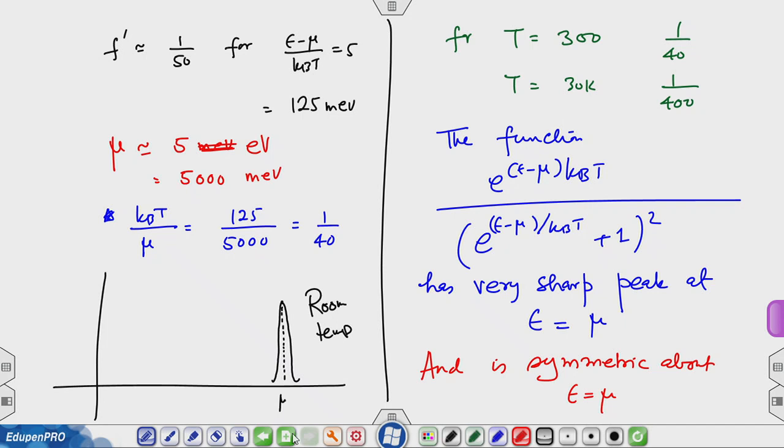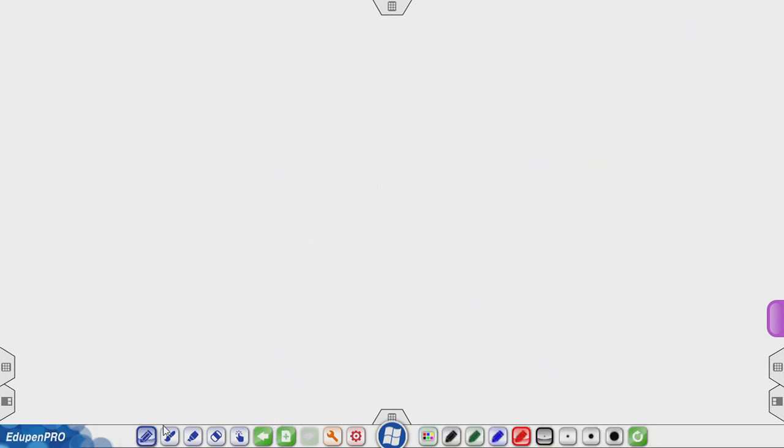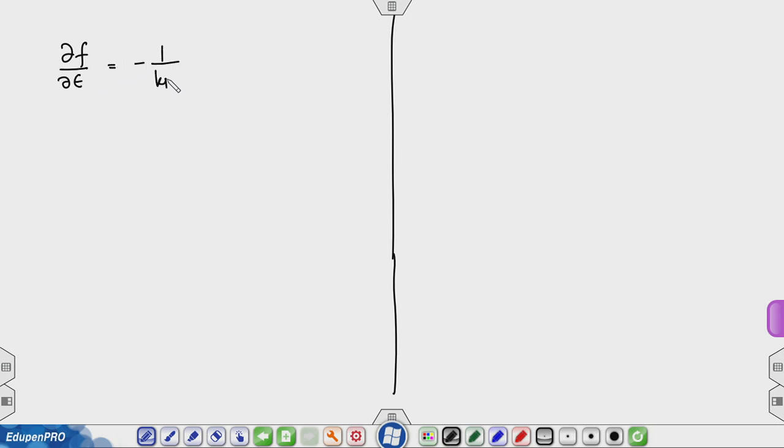Now let's look at the function del f del E, which was equal to minus 1 over kBT times this f prime. So this is sharply peaked, no problem.